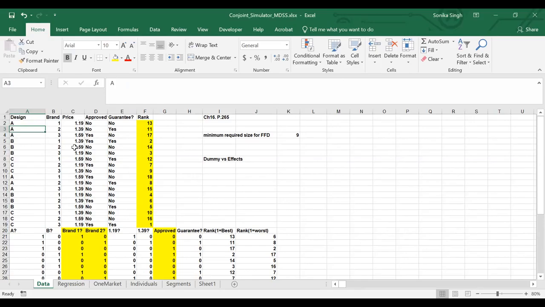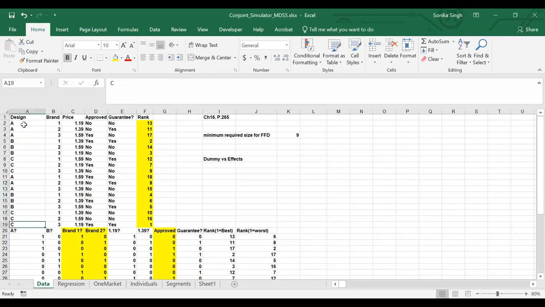The third attribute is price, and again, there are three levels in here. The fourth attribute is approved, which has two levels, yes or no. And the fifth attribute is guarantee, which is again yes or no, that is two levels.